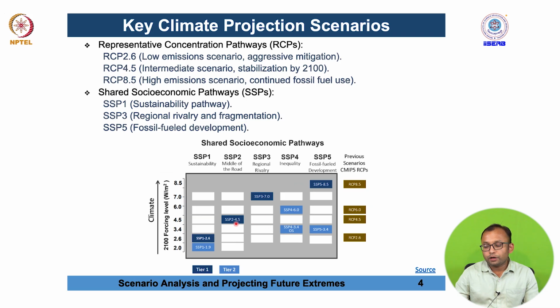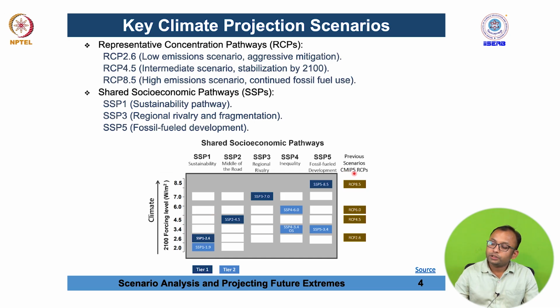If you talk about all these different scenarios, you have different levels of global forcing or warming forcing conditions, in watt per meter square, and based on that it defines the level of global warming in those different scenarios.